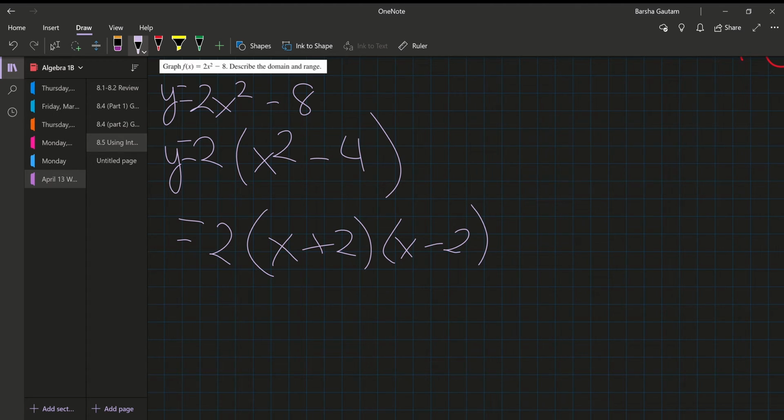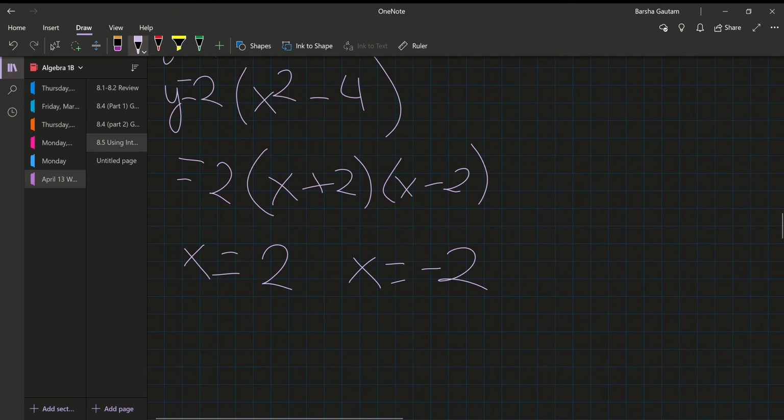And now we can finally figure out what our x-intercepts are. Our x-intercepts are x equals positive 2 and x equals negative 2. So this is going to be our p, and this is going to be our q. Remember, the smaller number is p, the bigger number is q.